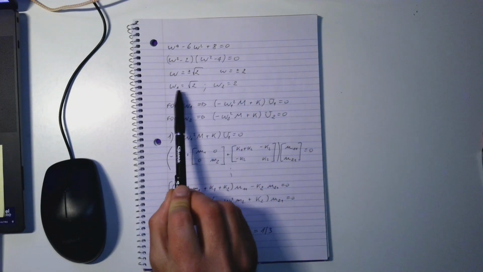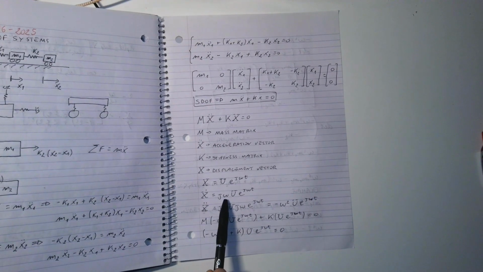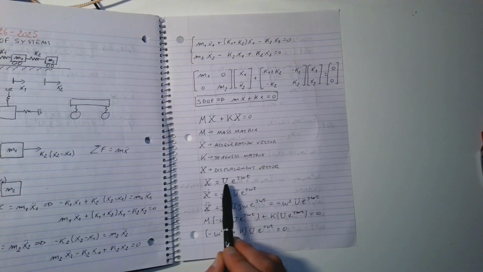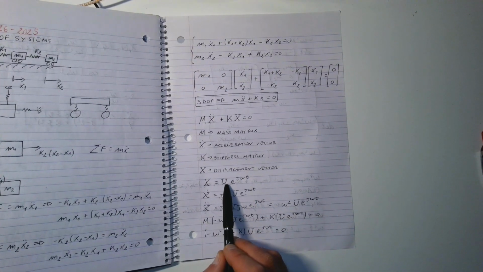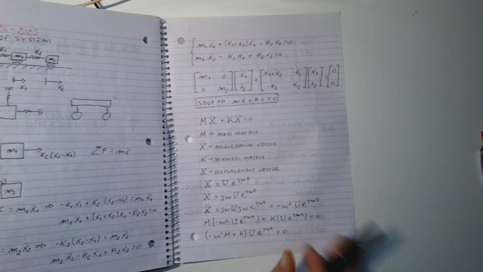Now that we have these 2 values of the frequency, we are done with the first unknown in our solution, omega, and then we have to work to find the other unknown of our solution.